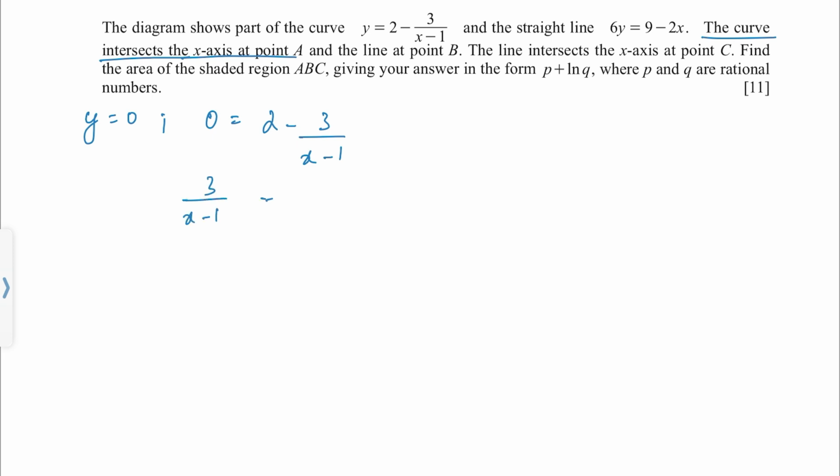This would be 3 over x minus 1 equal to 2, so 2x minus 2 equals 3. So x would be 2.5, comma 0.